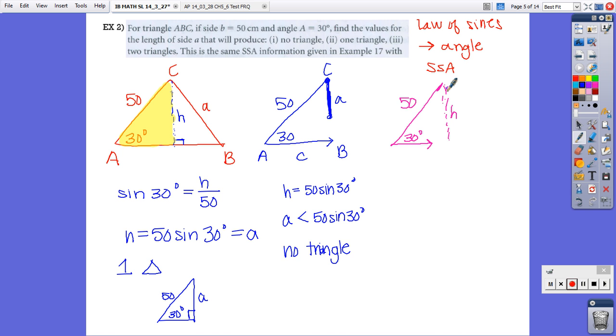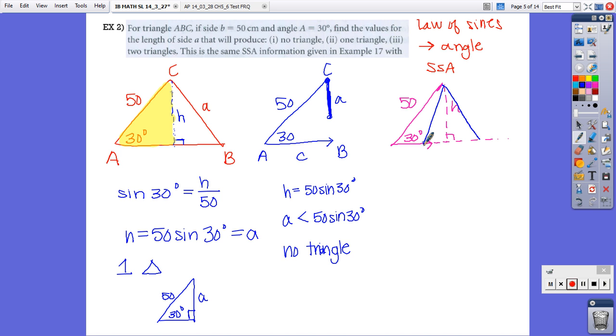Because if we're bigger than that height, and let me actually fix this so it looks a little bit nicer. Okay, so that's supposed to be the height to this third side, however long it might be, but if my A ends up being bigger than that, it'll swing. What I mean by swing is the A, if it's bigger, that would be there, or it could even be here.